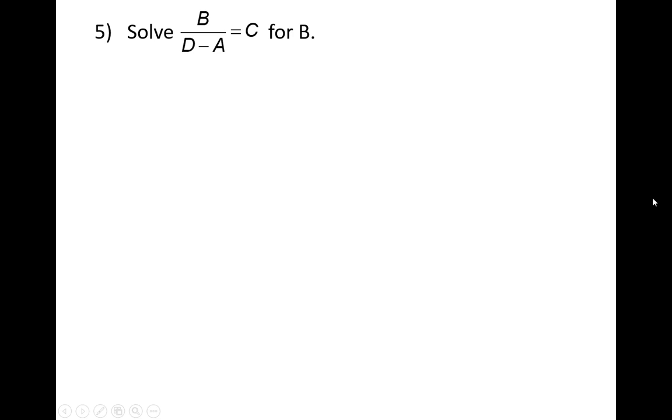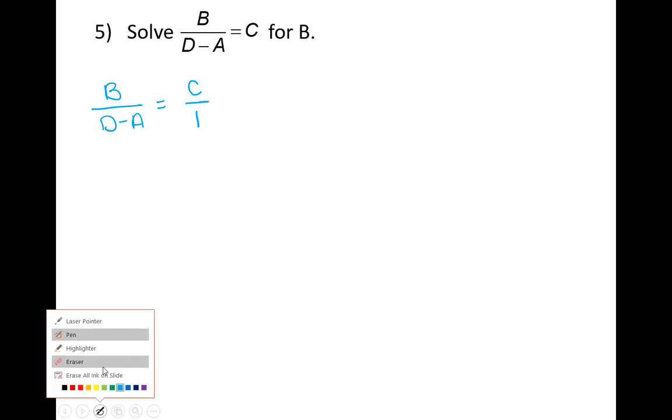All right, I think this is our last one. We want to solve b over d minus a equals c for b. So we're going to start with b over d minus a equals c, and I'm going to put it over 1. I can make this side look like a fraction. This one works out really easily because look what happens.